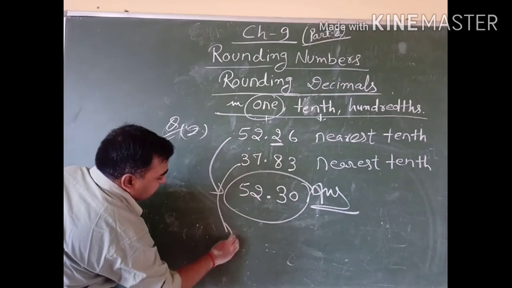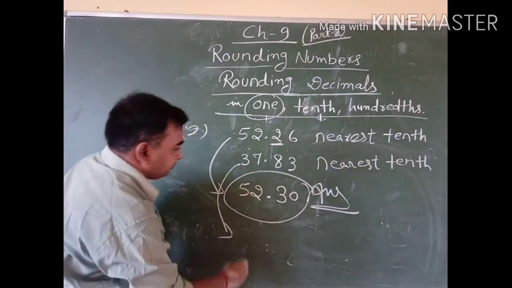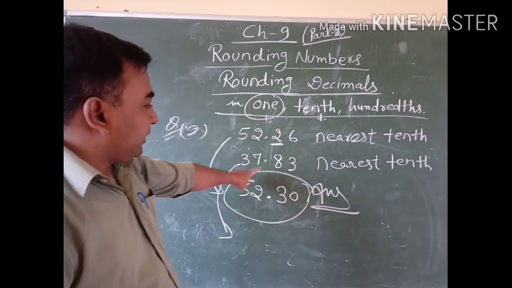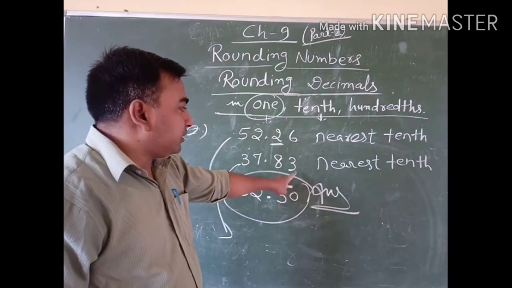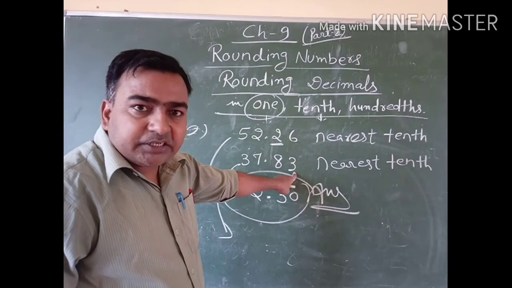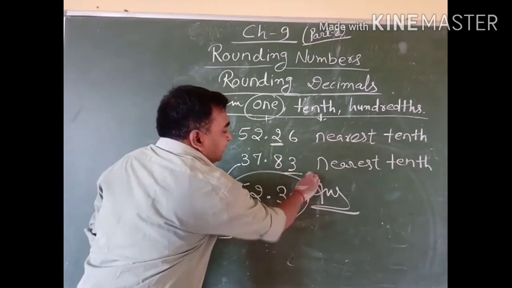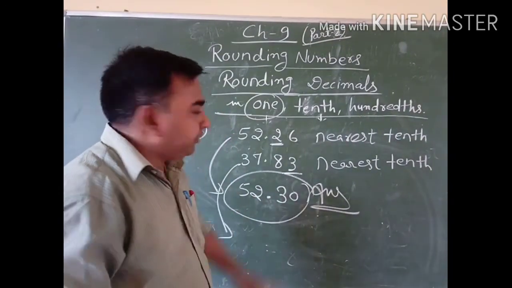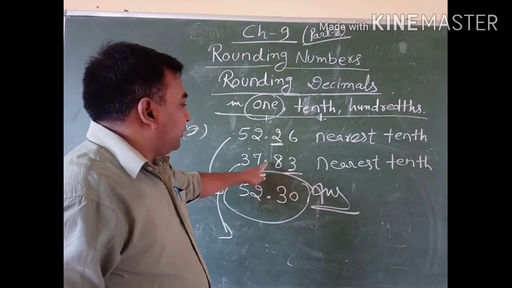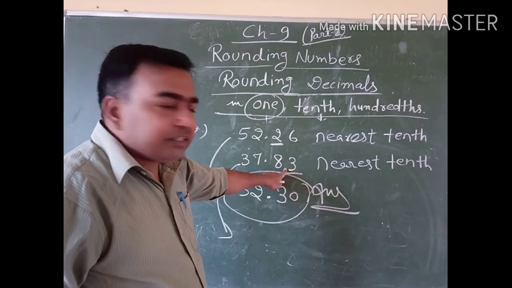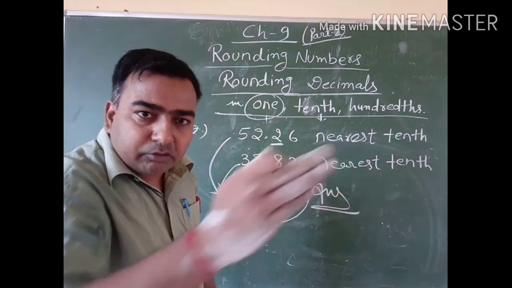Question number 2, 37.83. You can see that the 10th place number is 8 and the 100th place number is what? 3. The 100th place number is less than 5. So we will go backward.